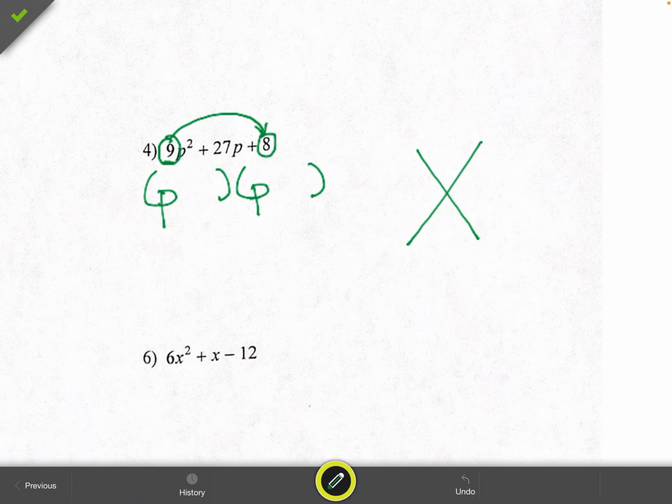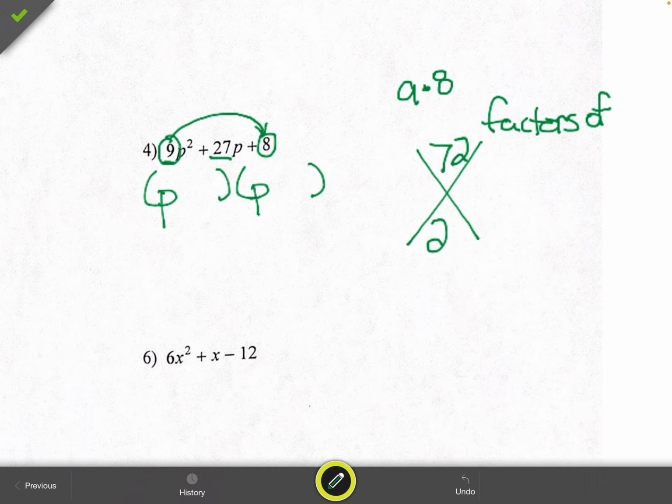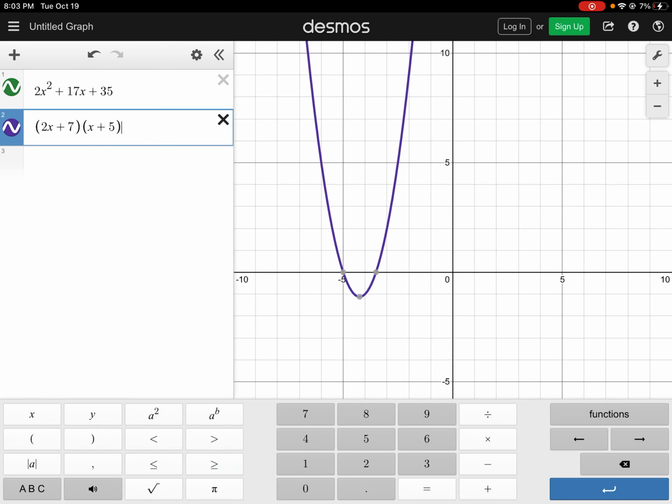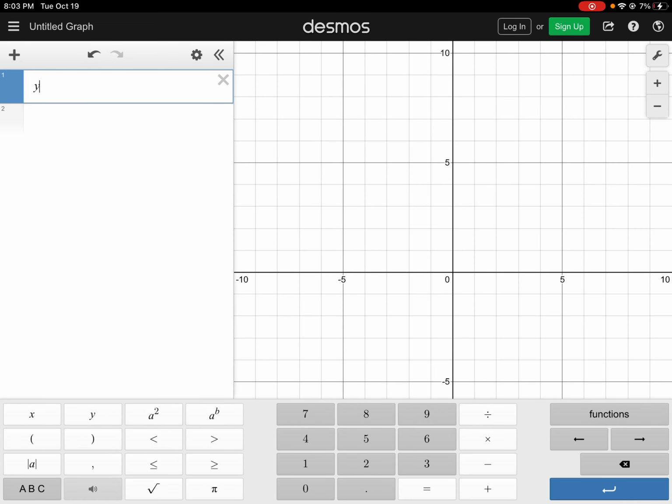And again, if you need to write that to keep in your head what you're looking for, factors of 72 that add up to what's in front of just the p? 27. So factors of positive 72 that add up to positive 27. And now this process is exactly what we learned yesterday. Come over here. Pull up your table so you can look at your factors.